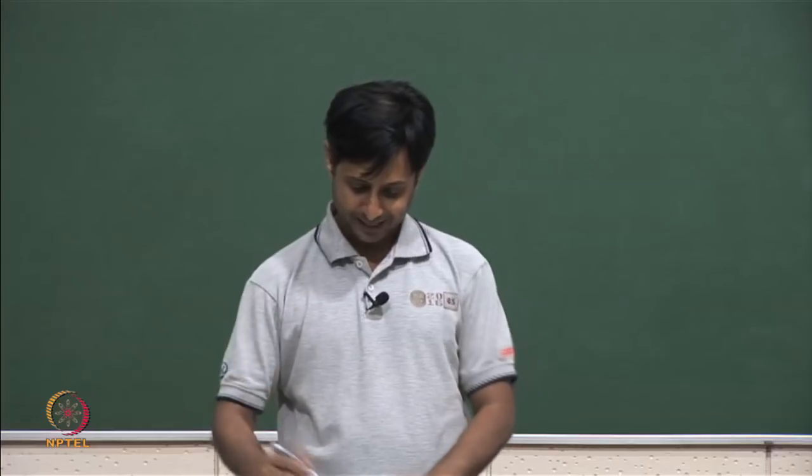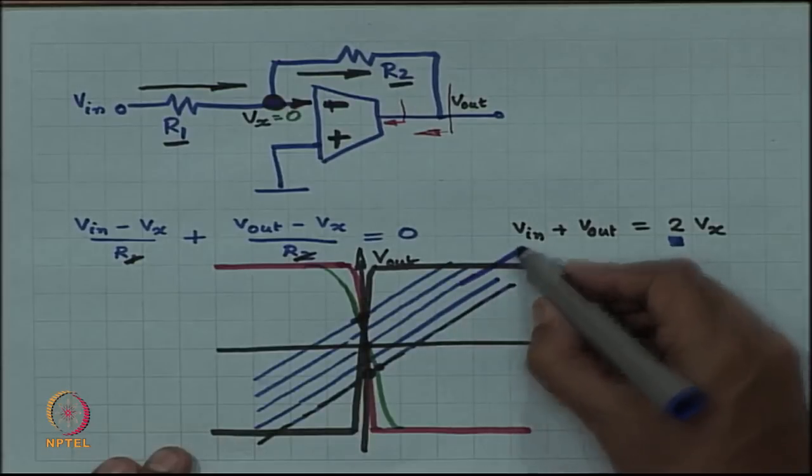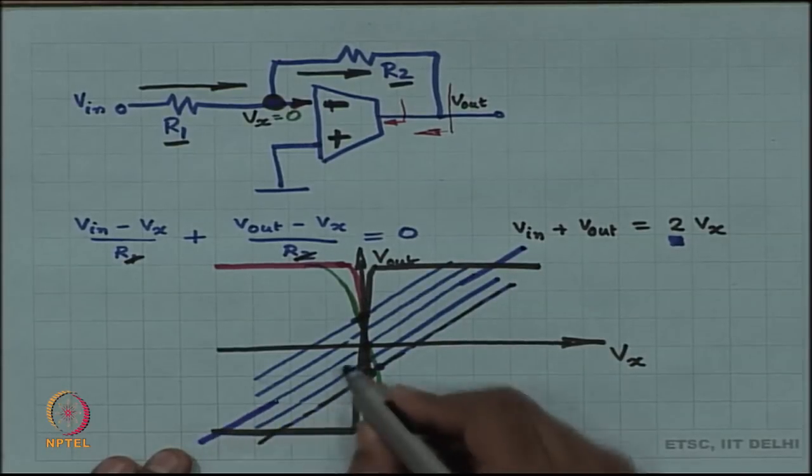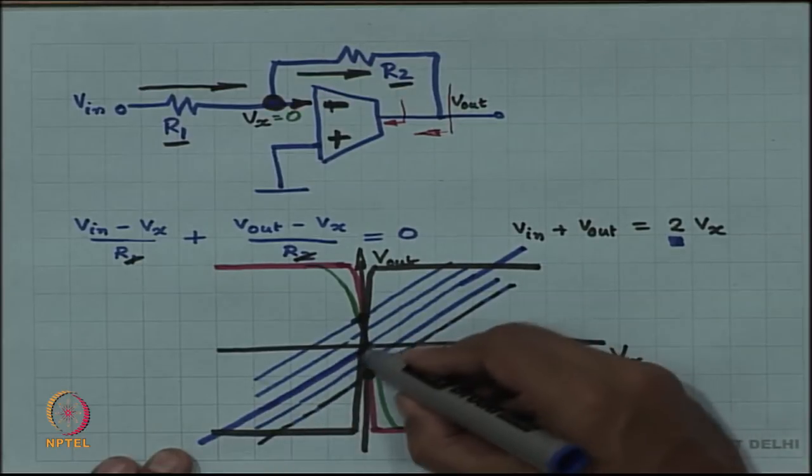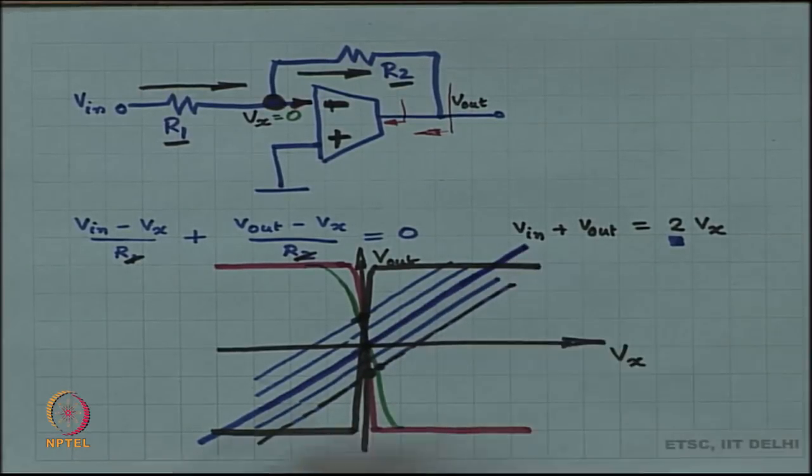Okay, so, the blue straight line, let us say we pick this straight line, V in let us say 0. Where does it intersect the device curve? Earlier it was intersecting at the origin, now it is still intersecting at the origin, but there are two more points of intersection.